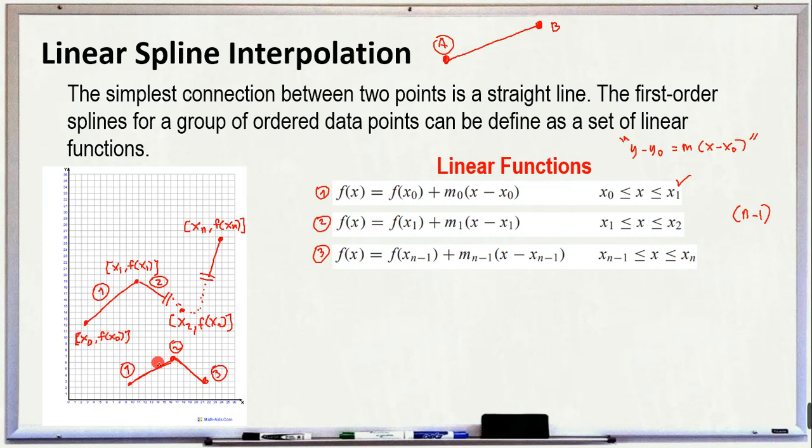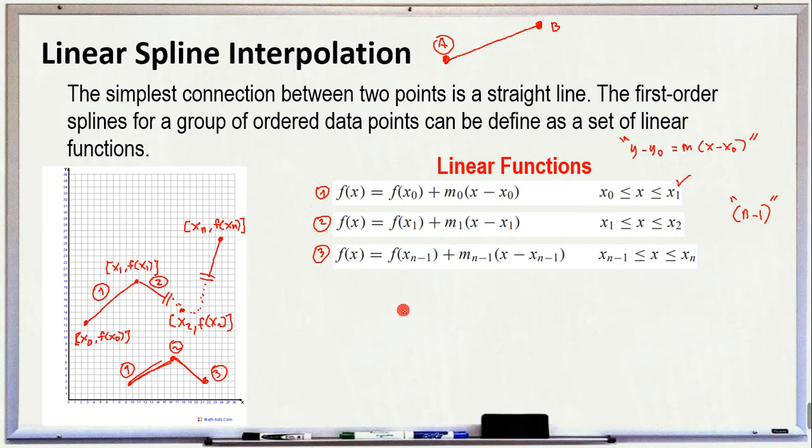Pila man? 2, because of this formula n minus 1, and by visual inspection, very common sense, duha ra gyud ka linya. So it is expected that you have 2 linear functions nga ma-generate.